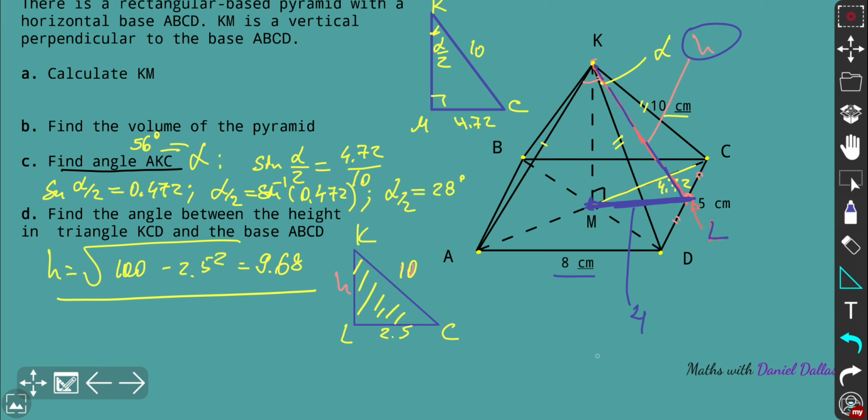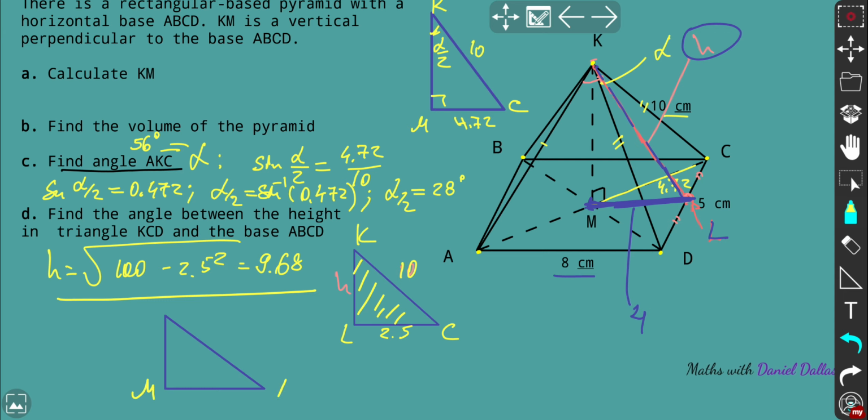So one more time, if I draw now this triangle KLM, you'll see that it looks like this. Here is triangle KLM, M here, L here, and K here. So we need to have this angle, say angle theta.